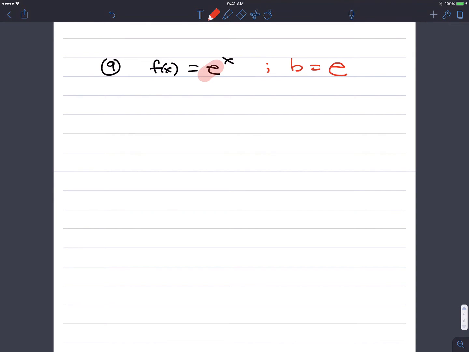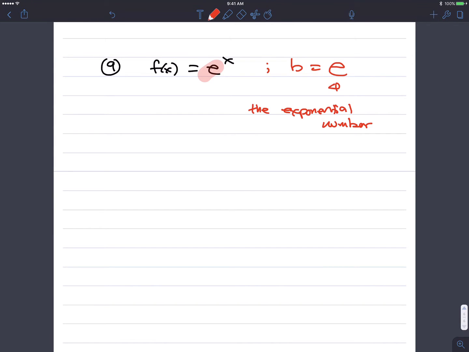Does anybody happen to know the value of the letter e? What's e? See this letter? It's called the exponential number. Meaning the one and only exponential number. Do you guys happen to know the value of e? I'll give you a hint.